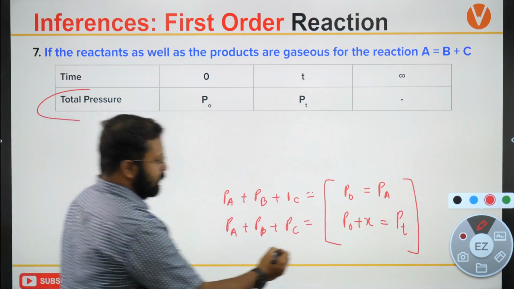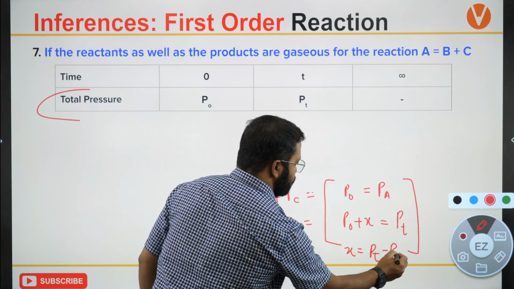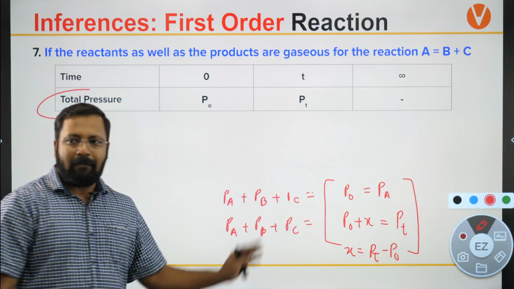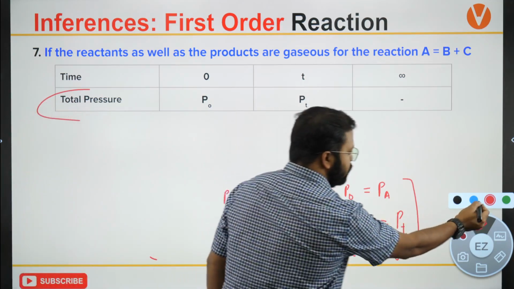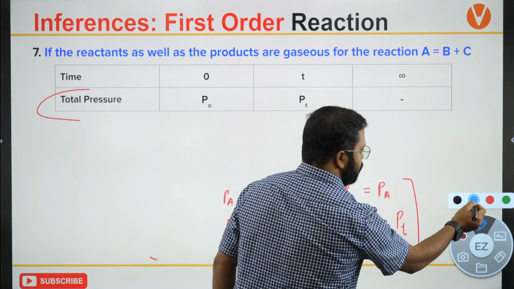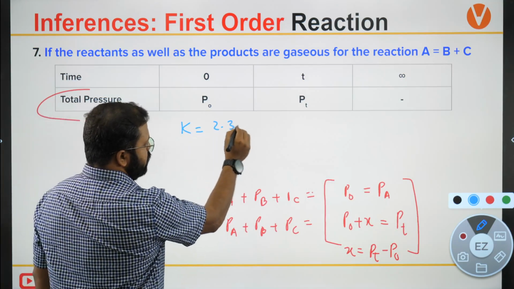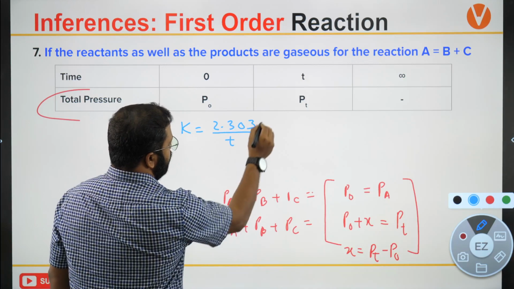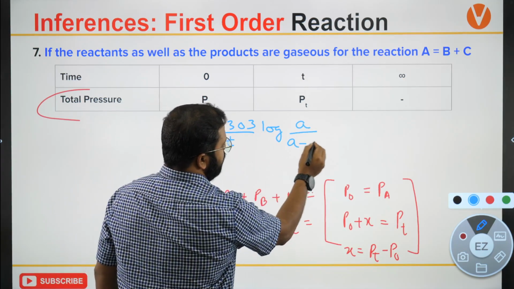So can I say that x becomes equal to Pt minus P naught? Now if I use the expression for K, K is 2.303 upon t log of a upon a minus x.